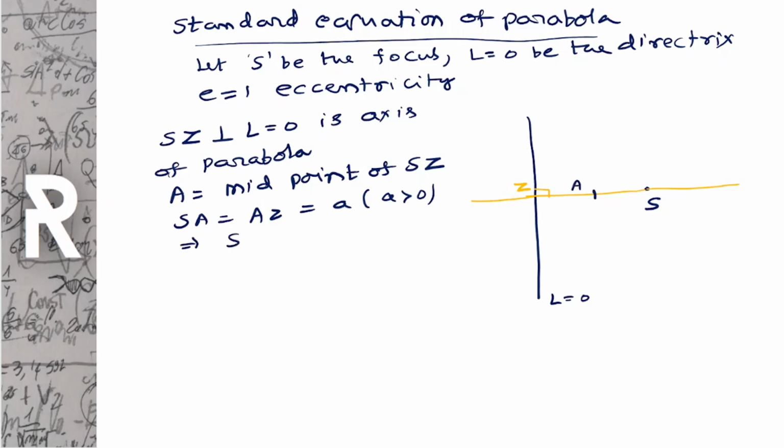Here the S to A distance by the A to Z distance is a by a, 1. That means A lies on the parabola. Why? Because it is equidistant. The common point of the parabola and axis, conic and axis, is called the vertex.